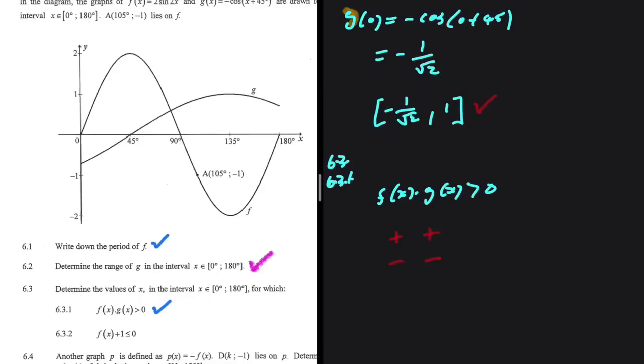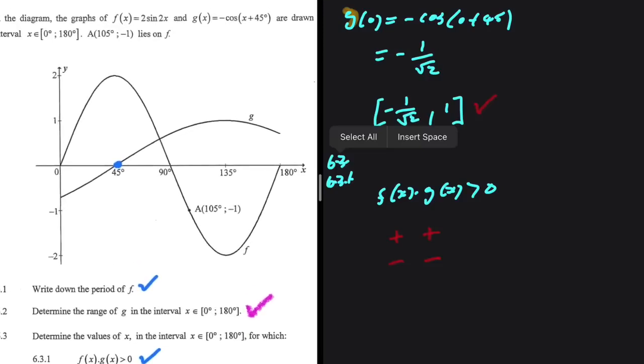From 0 to 45 degrees, g of x is negative and f of x is positive. So 0 to 45 cannot be part of our solution. But take a look at this. From 45 to 90 degrees, g of x is positive and f of x is positive.